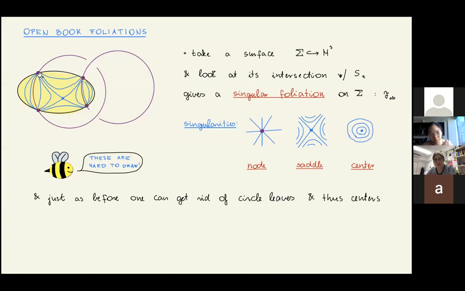It's sort of a pillowcase. So you have these four nodal points and two saddles, one in the front and one in the back, which I didn't draw. In principle, I could also have centers, but I'm not going to have centers because I'm getting rid of the circles, and centers need circles, so they cannot exist.